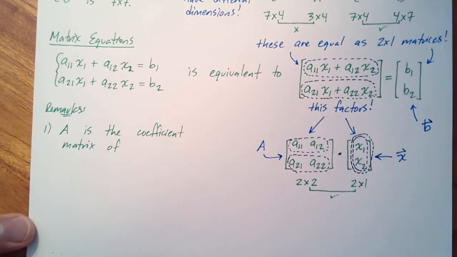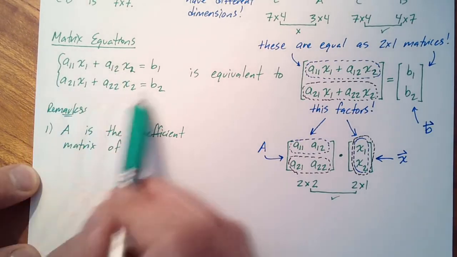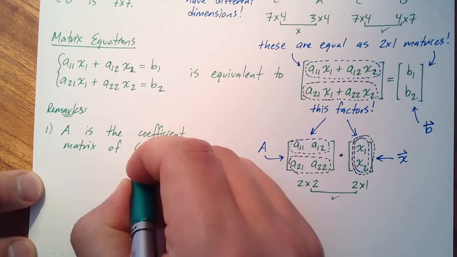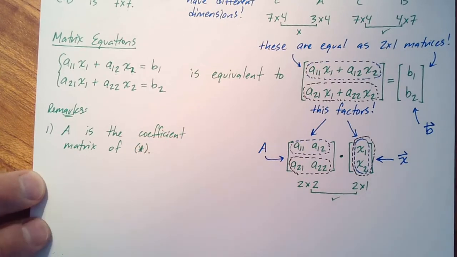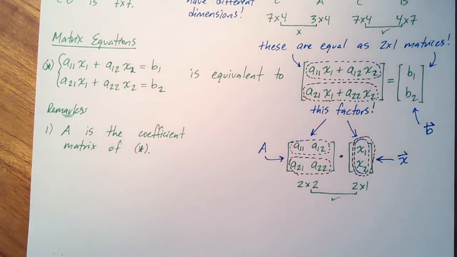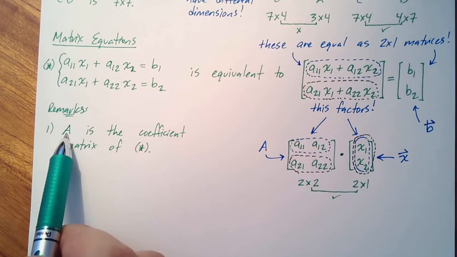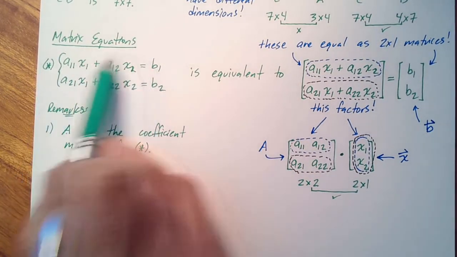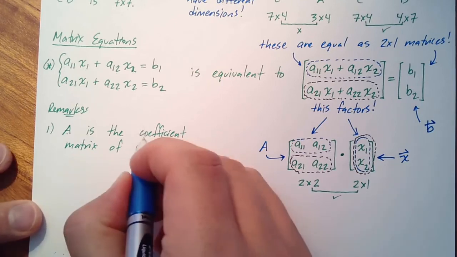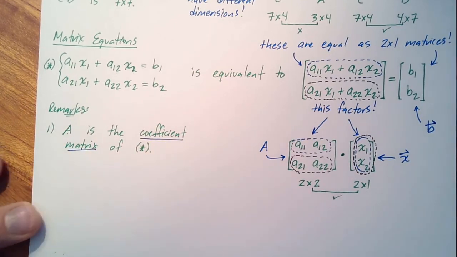What I'll typically do is not copy this whole system and write it here to make this sentence complete. I'll just say it's the coefficient matrix of star, and then I'll label this with a star. So just to make it clear that this is the coefficient matrix of this linear system, right? It's the matrix that has all the coefficients, and nothing else. Right, so that's what a coefficient matrix is of a linear system.